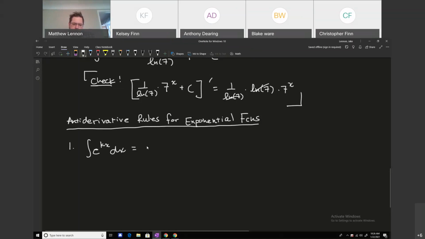So we're saying this is just going to be 1 over k times e to the kx plus c. And the second form, the integral of, say, a to the x dx would be 1 over the natural log of a times a to the x plus c. So those are our two rules.